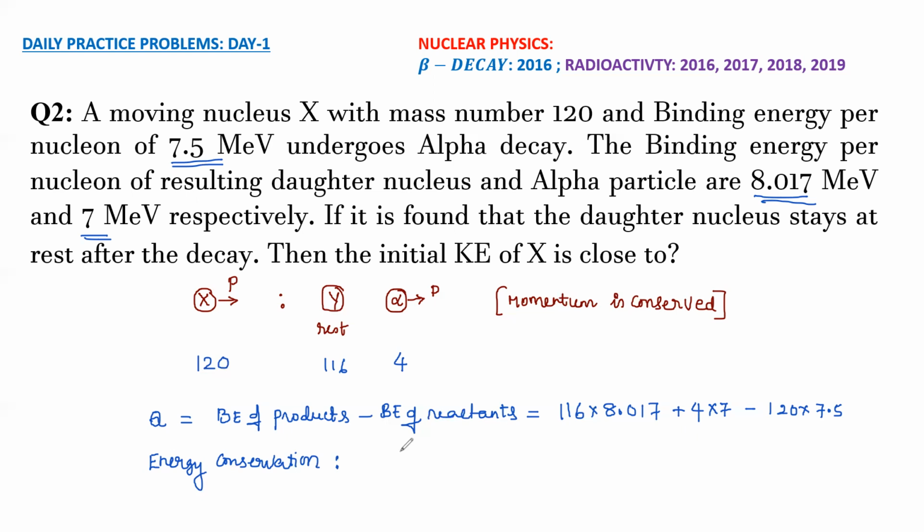So before the reaction, P square divided by 2m, if the mass of X is m, its kinetic energy is P square by 2m. And you can easily see that mass of alpha particle will be m by 30.